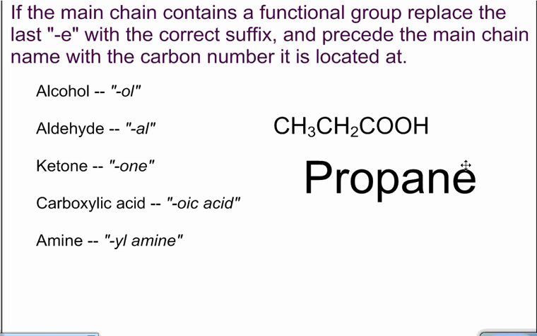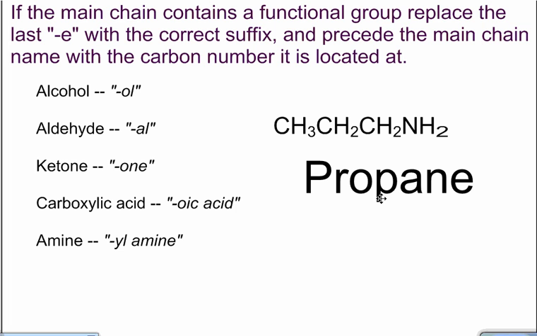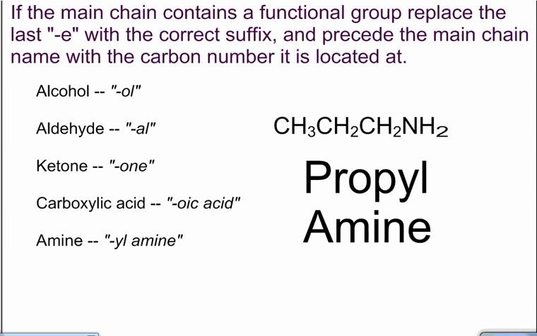If you make an acid out of propane, it becomes propanoic acid. Propanoic acid. And lastly, or almost lastly, if propane has an amine group, it becomes propylamine.